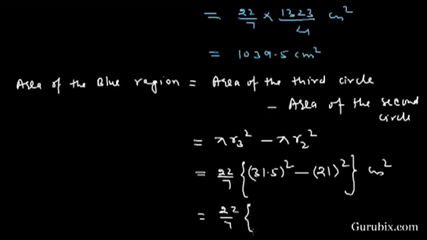If we further calculate this value, this is equal to 22/7, and we can apply the formula a square minus b square. Then we shall first add 21 to 31.5, which gives 52.5, and secondly we shall subtract 21 from 31.5, which gives 10.5, in centimeter square.